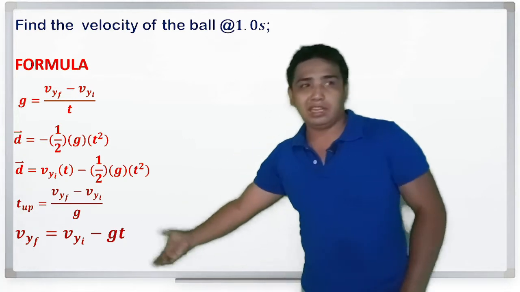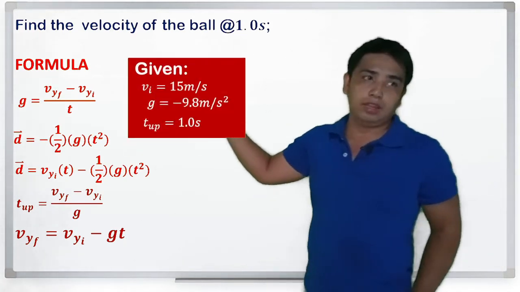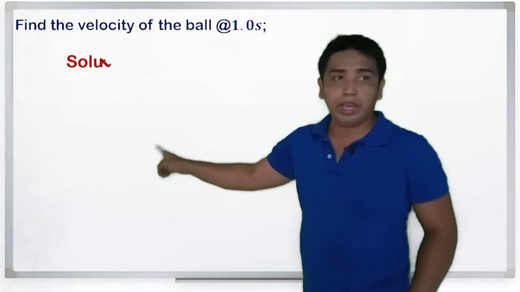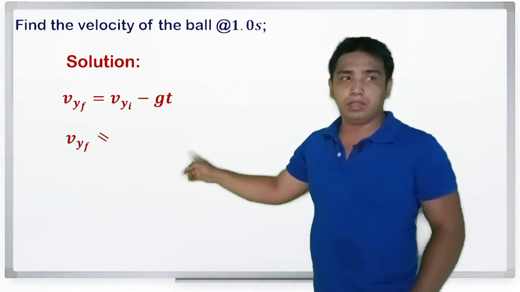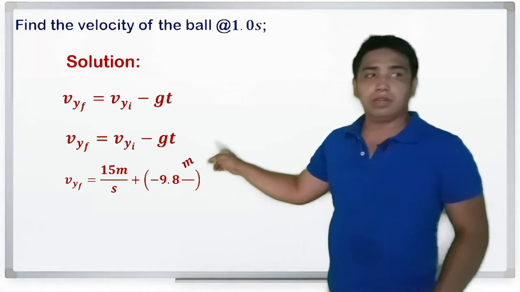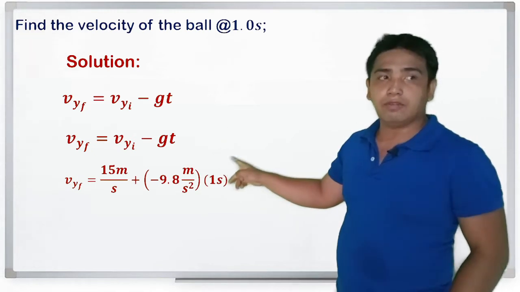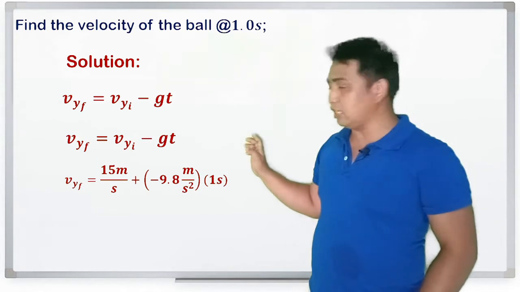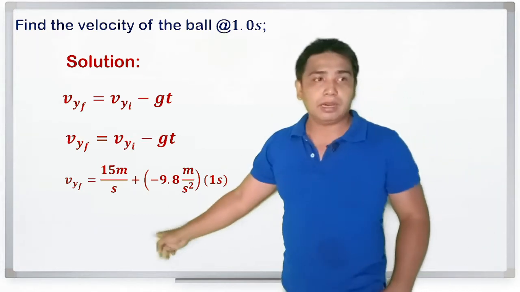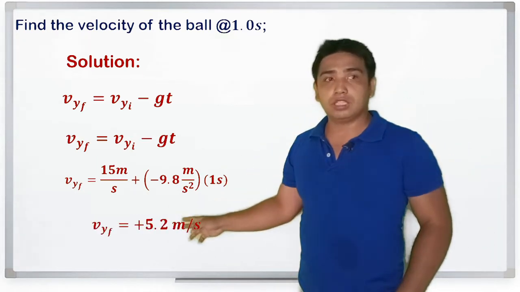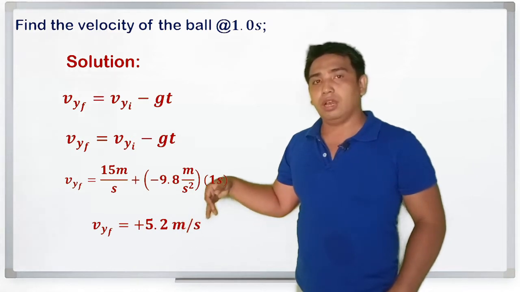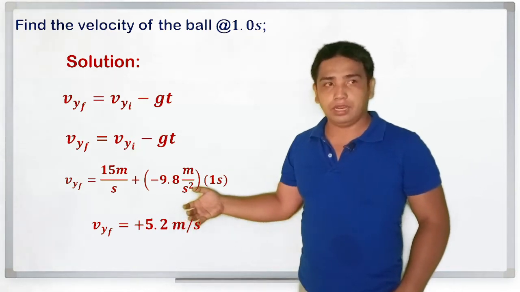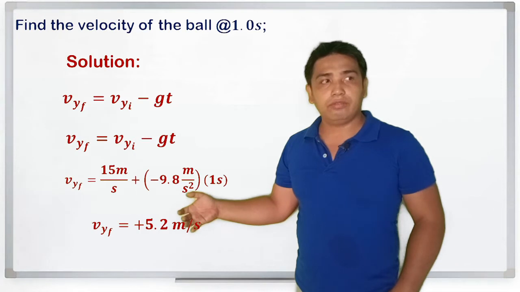So we're going to take this one and put it right here, and then substitute. VYF is equivalent to 15 meters per second minus 9.8 meters per second squared times the value of time, which is 1 second. So solving will give us positive 5.2 meters per second. Alright, so here is what we have found out.